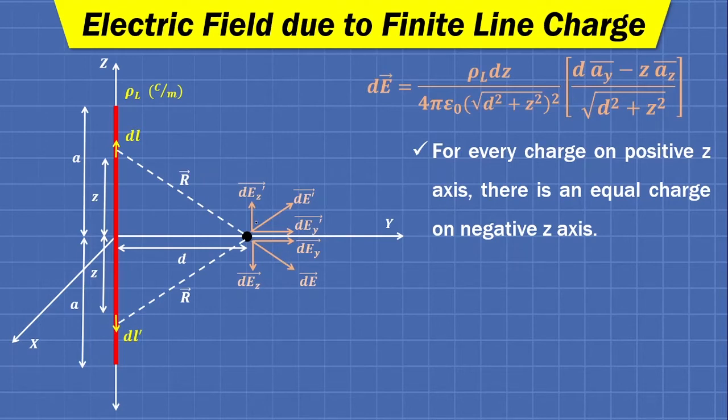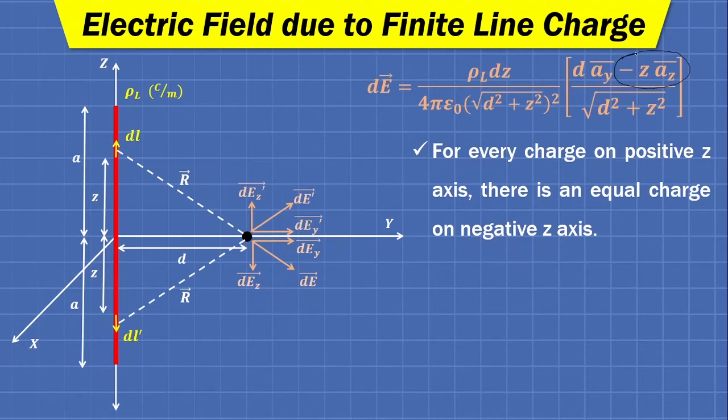And we can see that the components of z direction will be of equal magnitude and opposite direction. So this dz prime and dz will cancel out the effect of each other. So we can conclude that the z component in this equation will have no importance in the calculation.